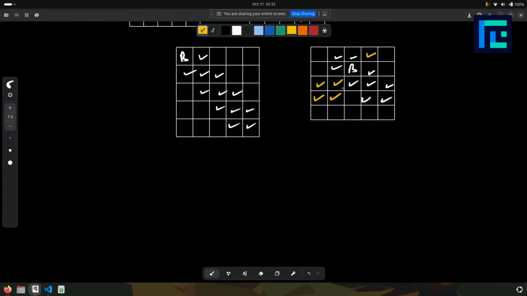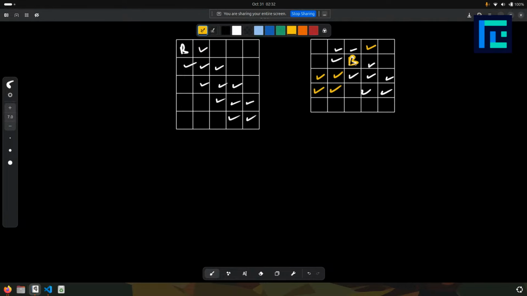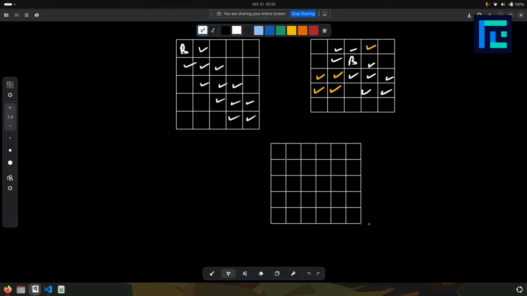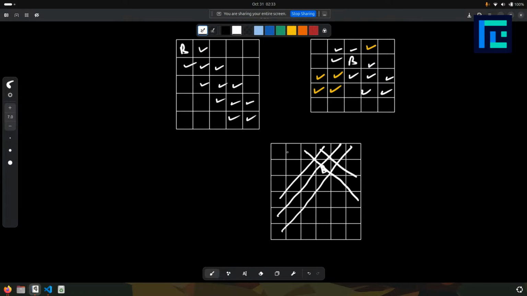We can connect through this cell. So basically, we can connect in diagonals. If we have a black here, we can color this diagonal or this diagonal or this diagonal, or we can color this diagonal or this or this.